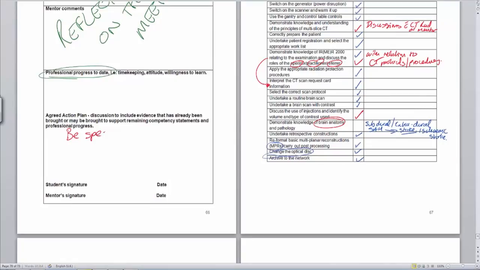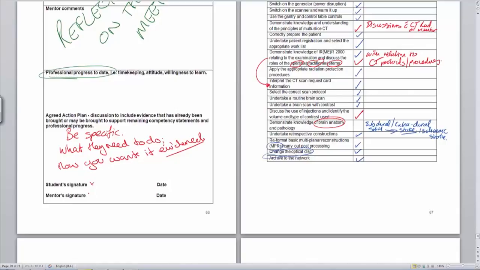Okay. Like we said at the end of the one for filling out the second year bipartites, you need to tell the students what they need to do, and also how you would like it evidenced. That's quite important as well.